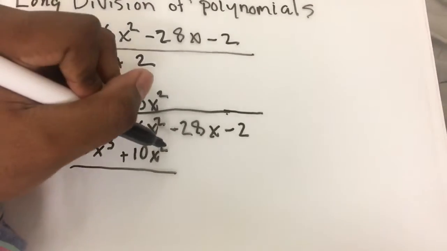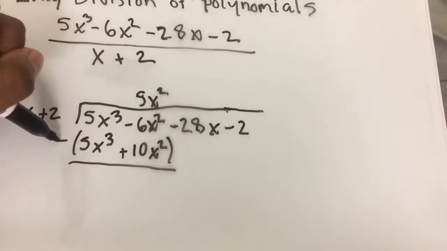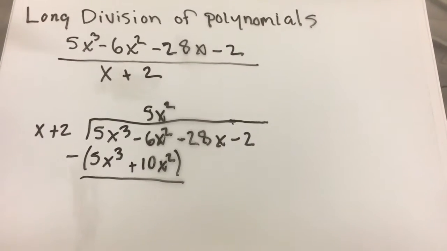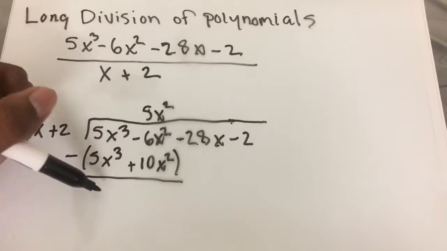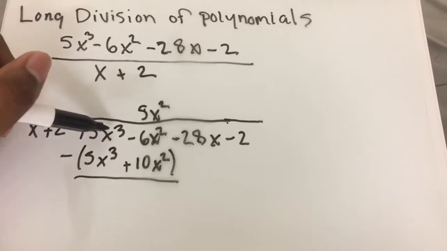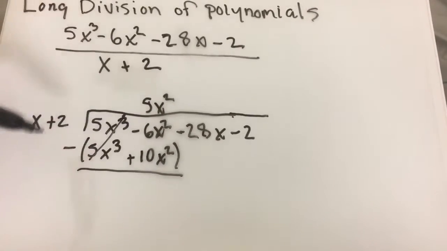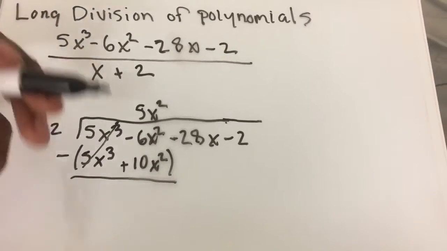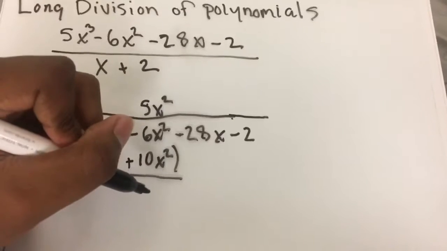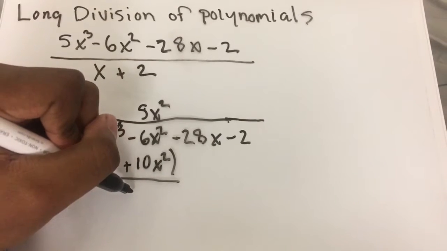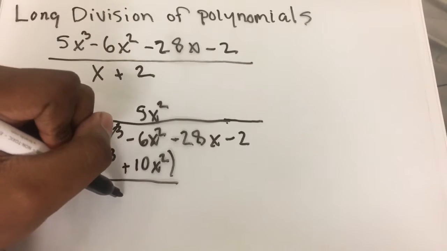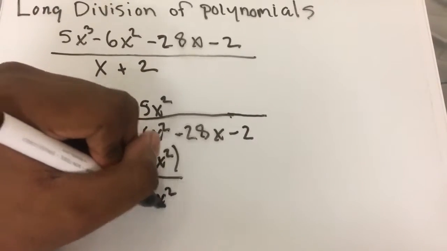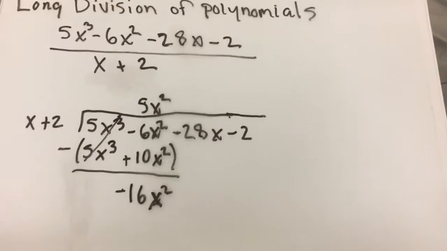And then after that, we're going to draw our line, and we're going to subtract. So we're going to write our parentheses to make sure we subtract it correctly. This should cancel out, so that's 0 right there, and then it's going to be 6x squared minus 10x squared, so that's going to give us negative 16x squared.